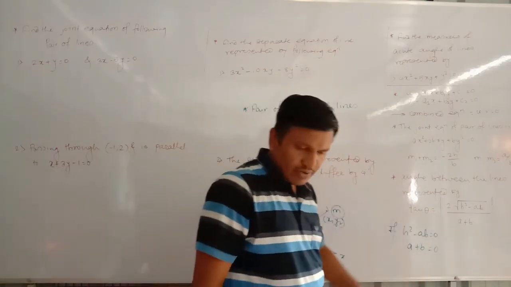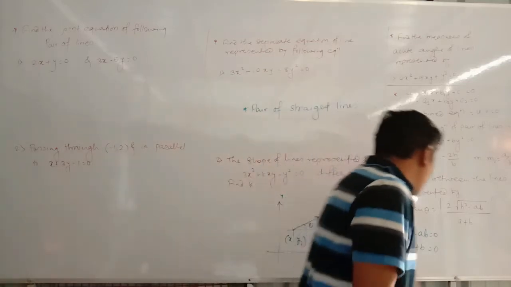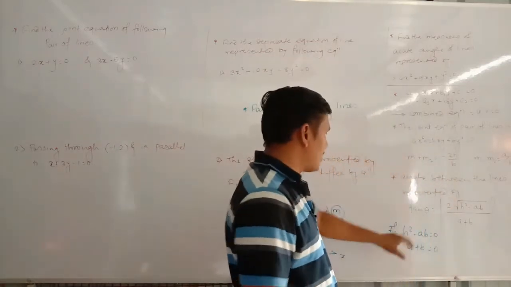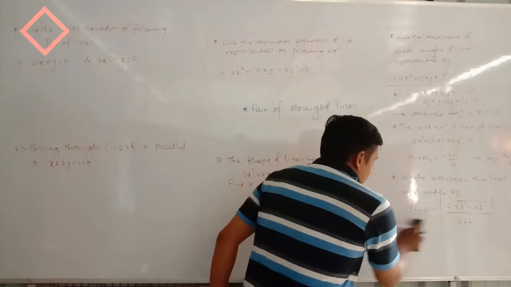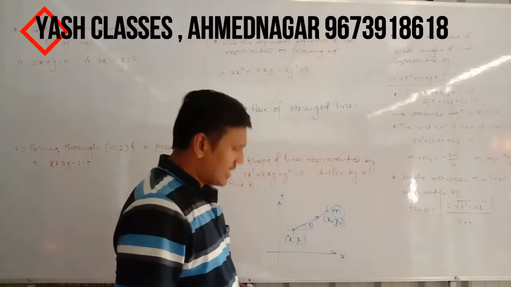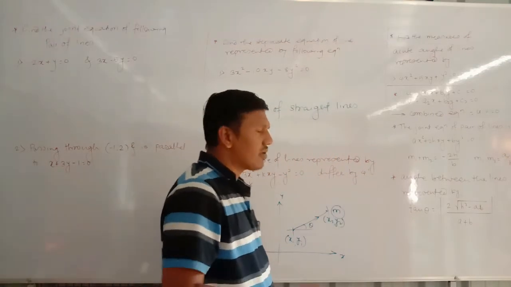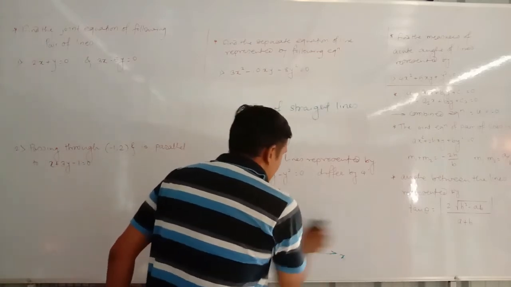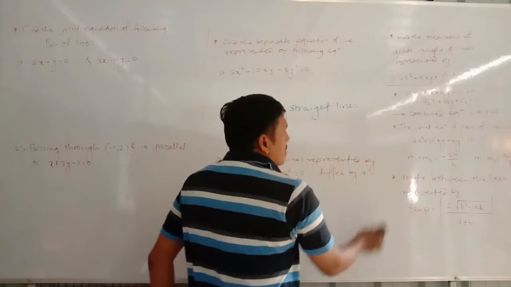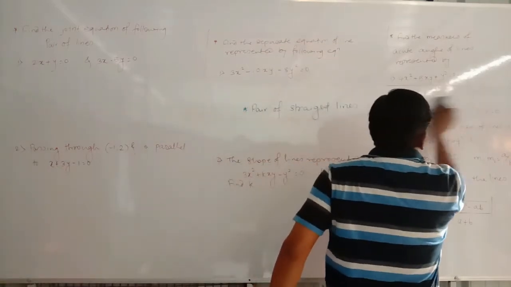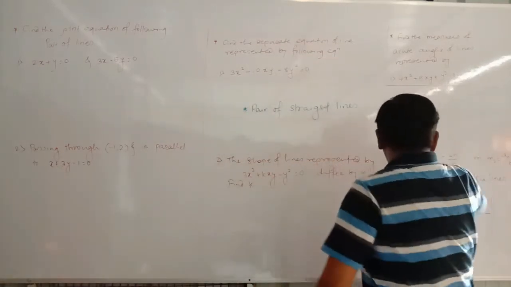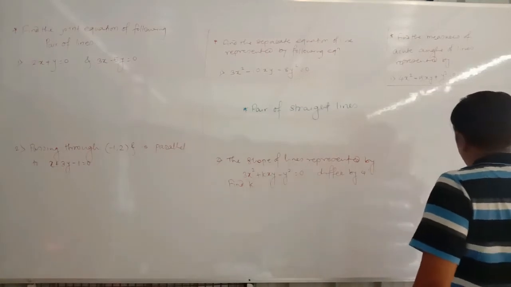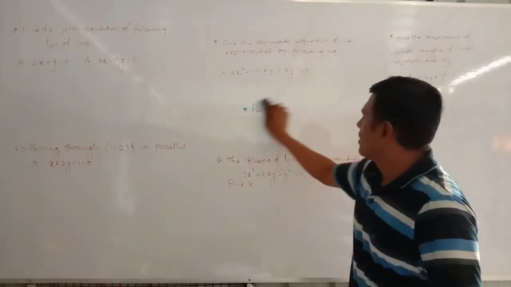We have to keep that in mind, and as we move further we will get more idea about this. Initially we are just focusing on a few important parts, important equations. That part is already given to you, so just go through that theoretical part. Once you have that theoretical part, these numericals based on pair of straight lines are very simple.